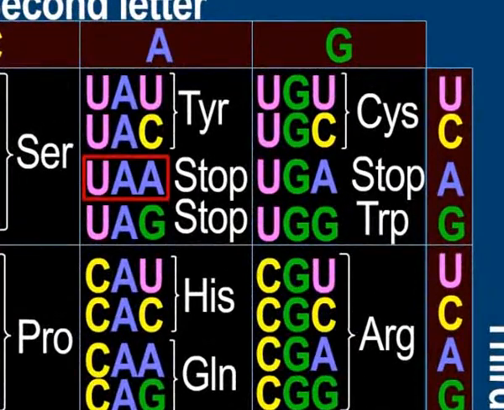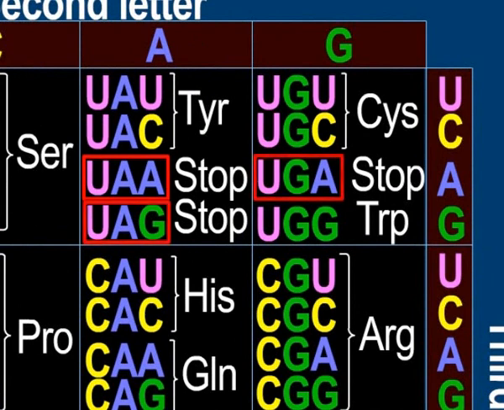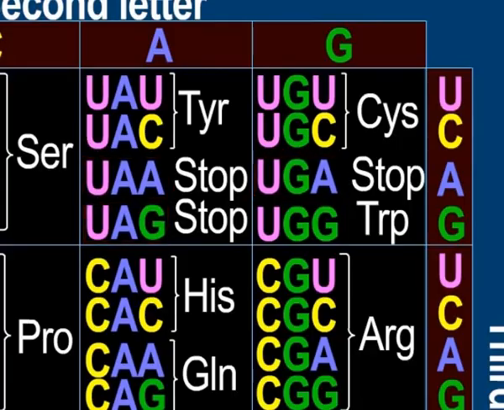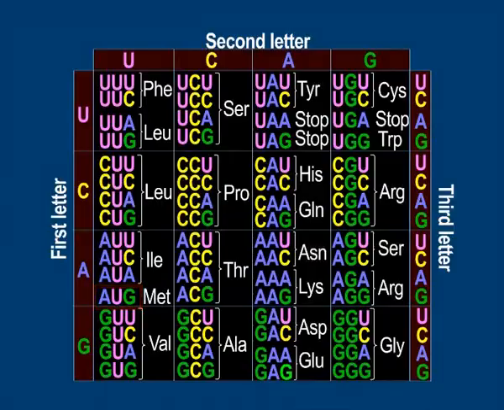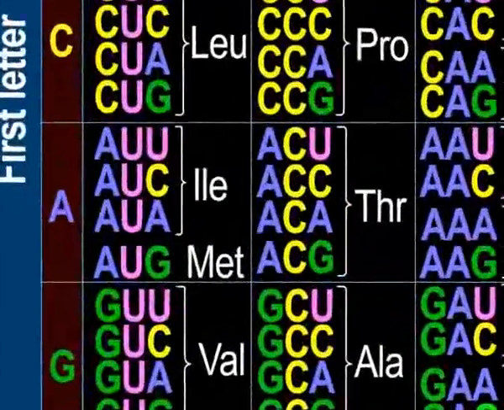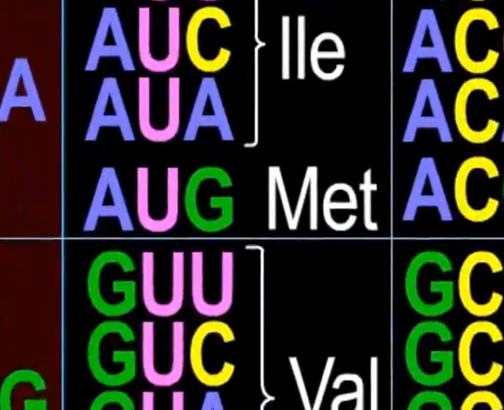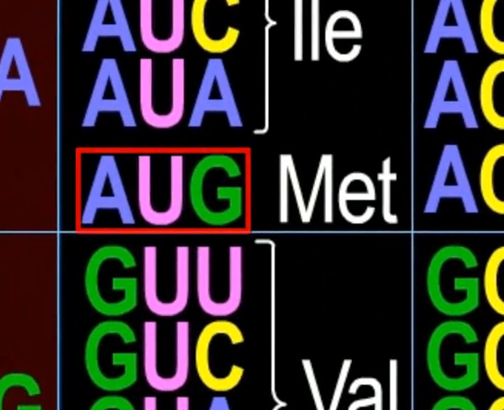These are UAA, UAG and UGA, which do not code for any amino acid but instead signal the end of the protein chain. There is one start codon, AUG. AUG codon has dual functions.